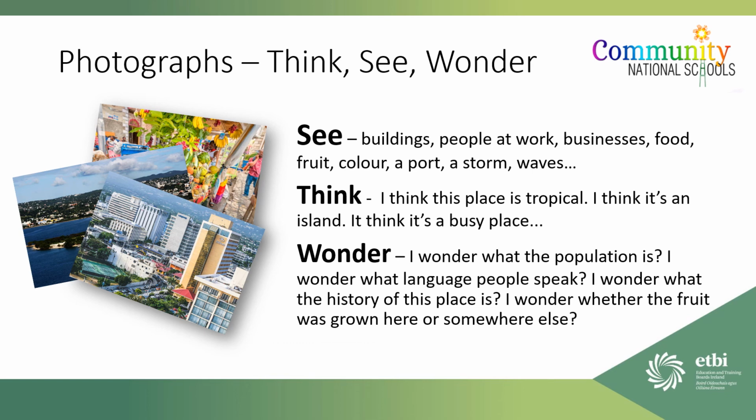Children might think that this place is an island because a lot of pictures have been taken by the water. Children might think that some people in this place live in cities, others by the sea, and some on farms. They might also think that this might be a busy place, but also a quiet place too.